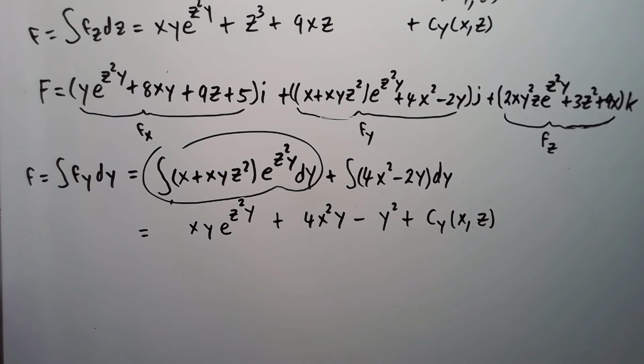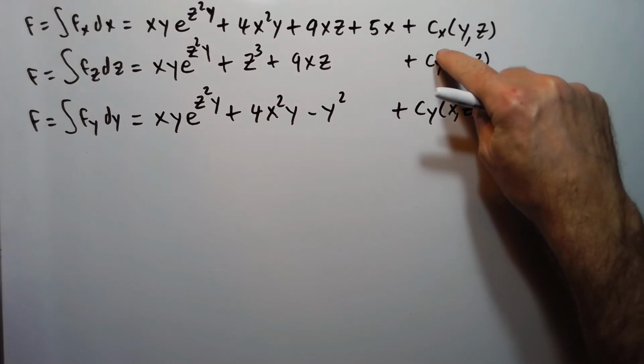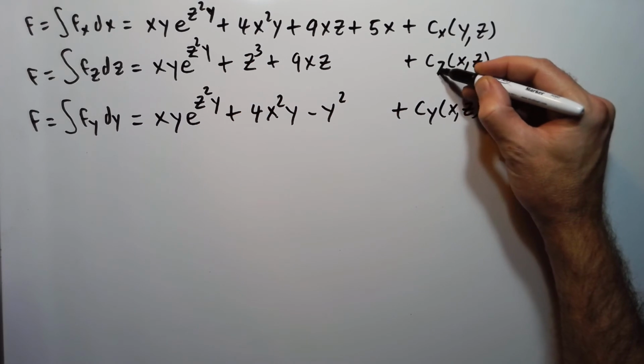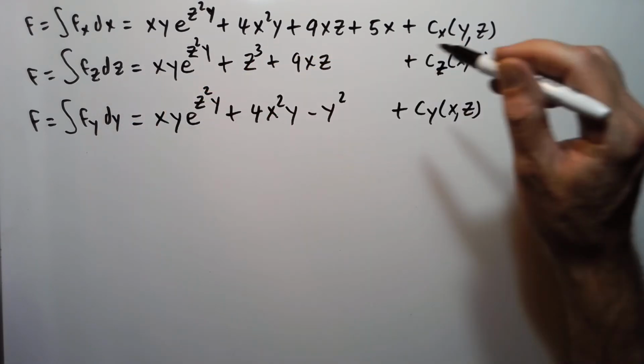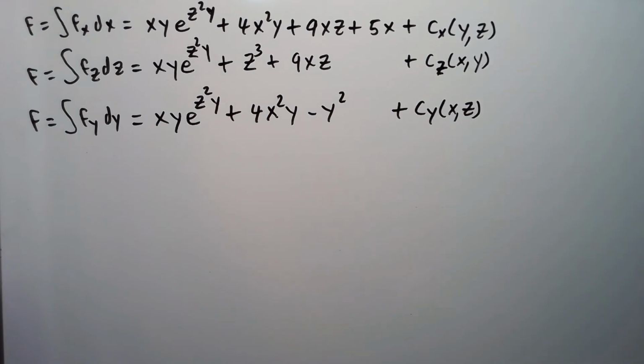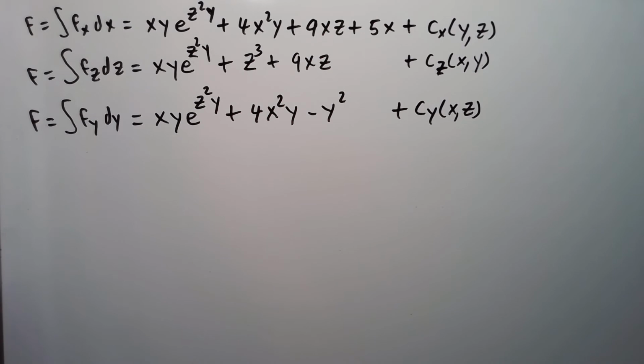Okay, so now let's compare all three that we have. Let me write all three together now. So here's all three written together. I actually noticed when I wrote this, I just wrote this one last time. Since integrating with respect to z, it should be x and y here. Okay, so we need to make now all these three equations agree.